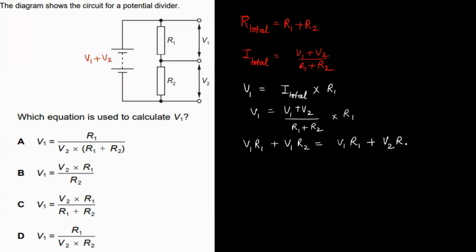Now, here we have V1 R1 same on both sides. So V1 comes out to be V1 equals V2 R1 upon R2. So you can check the correct option here, which is V2 R1 upon R2, which is the B option.